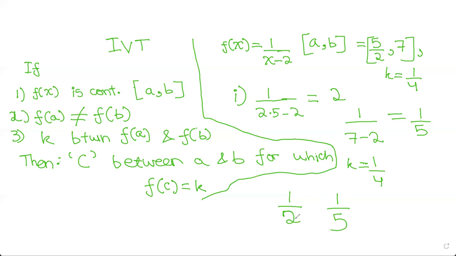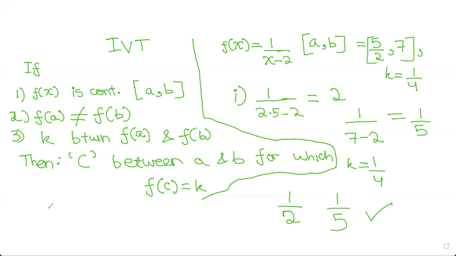Is 1 by 4 in between this? Yes, it is. Because 1 by 4 is 0.25, and 1 by 5 is 0.2, so 0.25 is in between. So it does hold true. So we have proved that k holds for the IVT.